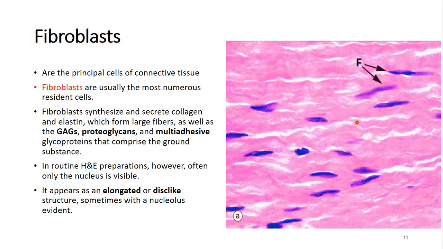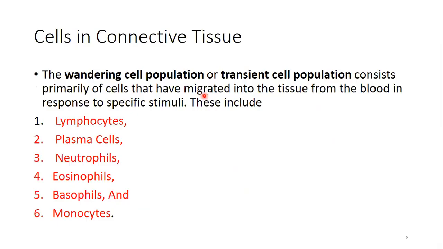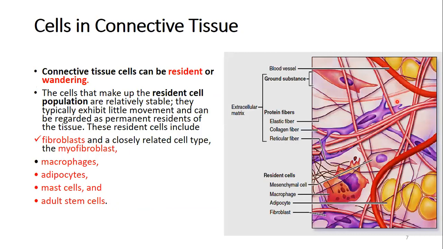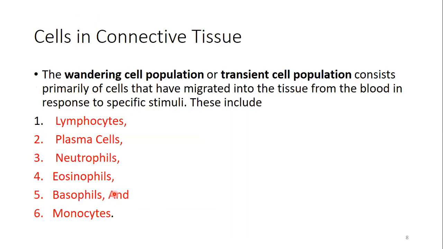Epithelial tissue cells are held together by intercellular junctions, but here cells are wide apart. So these are fibroblasts with flat nuclei, because these cells are said to be star-shaped. If you look at this, the nucleus is flat, but the body of the cell is more like a star.